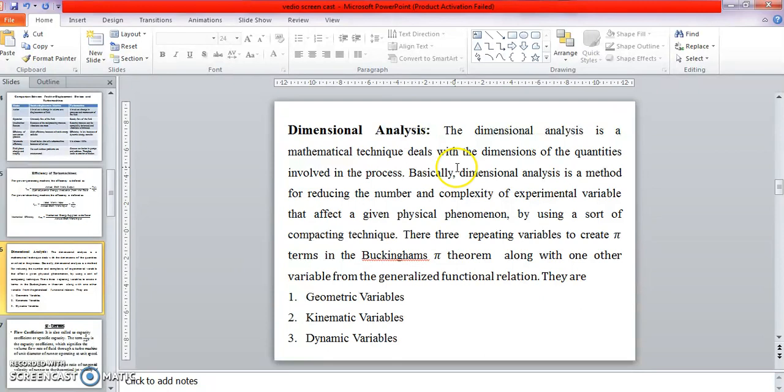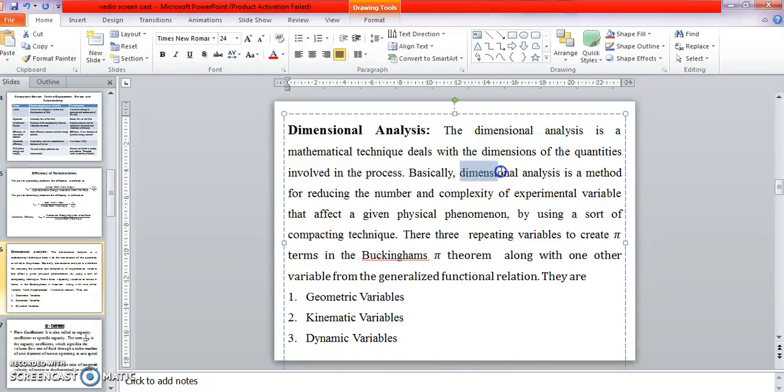Using the fundamental dimensions, we are going to derive the secondary dimensions. Dimensional homogeneity means that the left hand side of the equation must be equal to the right hand side of that equation. Based on that, we call it dimensional homogeneity.